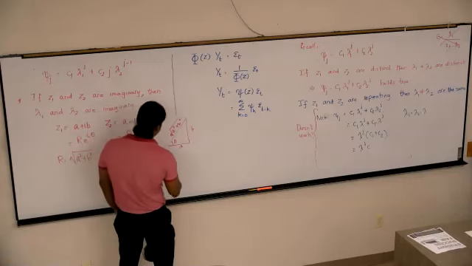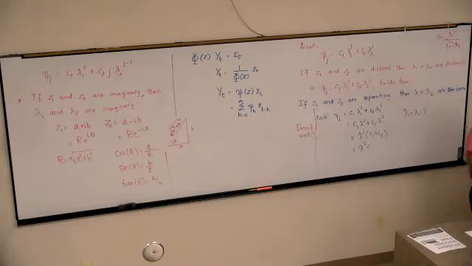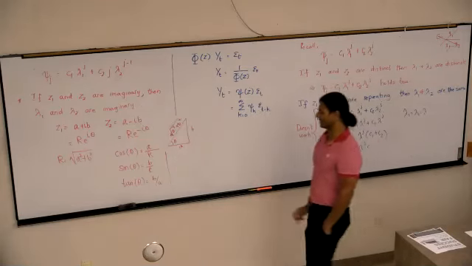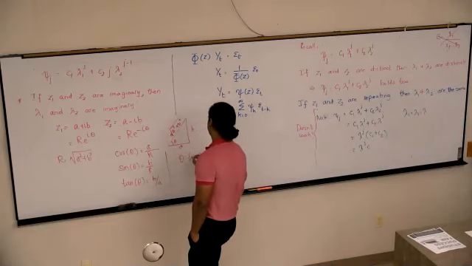Now you can find theta in any of the three ways using cosine, sine, or tangent. I'm going to use tangent. That's what makes it theta.